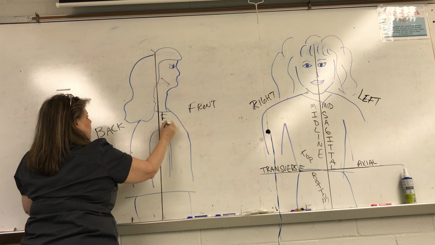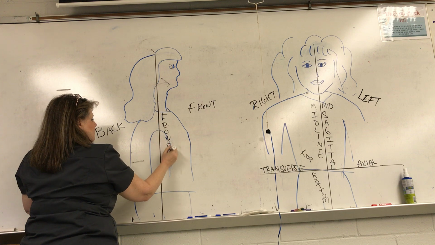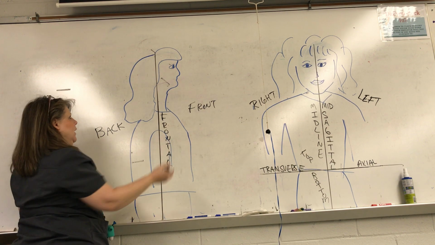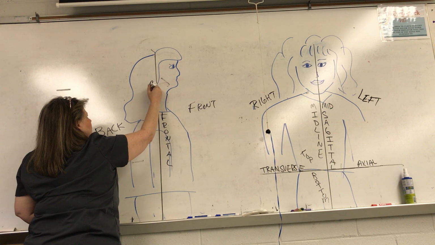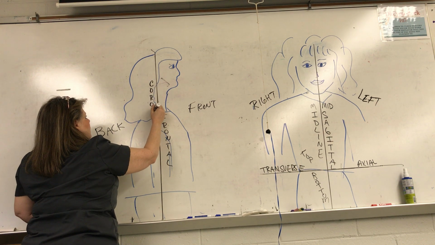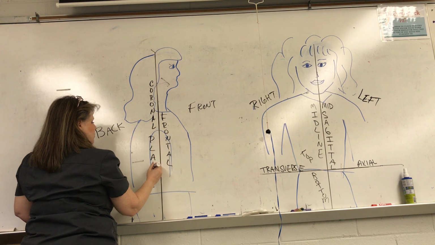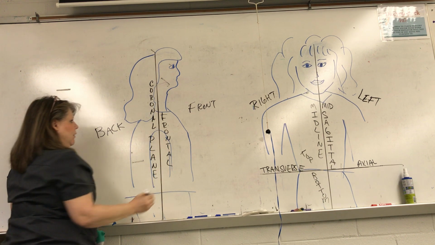And the simple word for it is the frontal plane, but of course we can't be simple, we also have to call it something weird. So it's also called the coronal plane. A lot of this stuff has 2 words, I don't know why, but we have to know both of them.